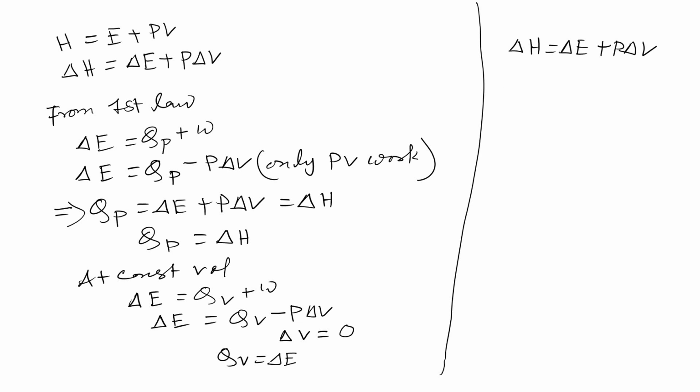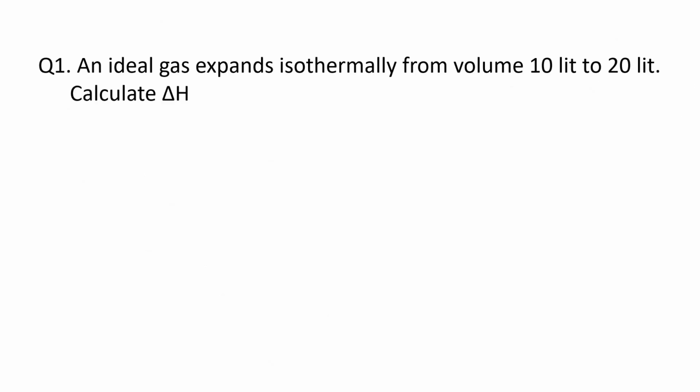But if the pressure also changes, that means both volume and pressure are changing, in that case we can write that delta H is equal to delta E plus P2 V2 minus P1 V1.